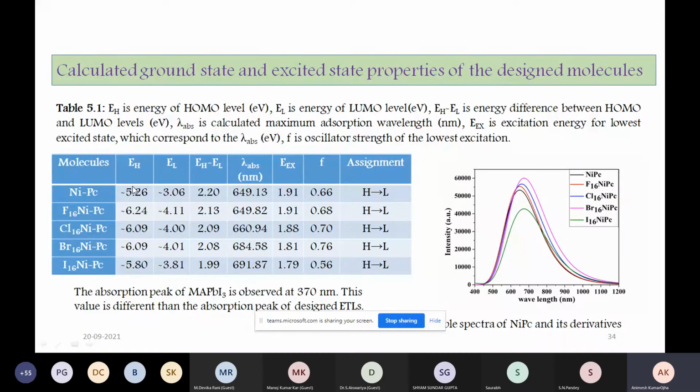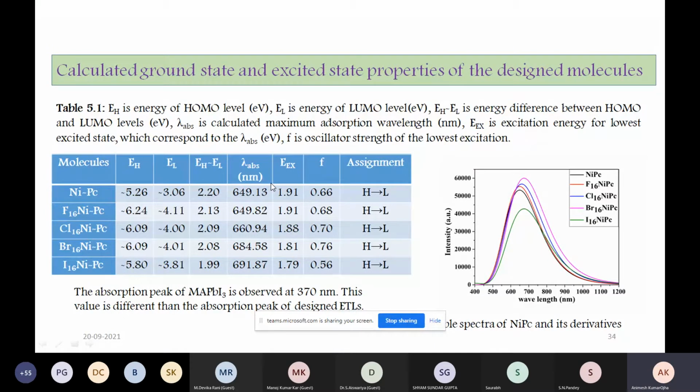Here we have calculated the optical properties, and we found, see, this table actually shows the different values. EH represents the hole energy, and this is the EL. The difference between these two will give you the optical band gap, and corresponding to this band gap, the wavelength will be shown in this particular column in this table. And then this is the excitation energy for the lowest excited state, which corresponds to this particular lambda value.